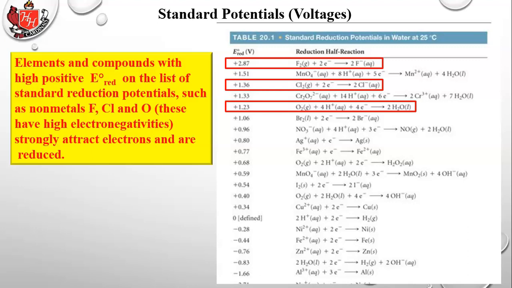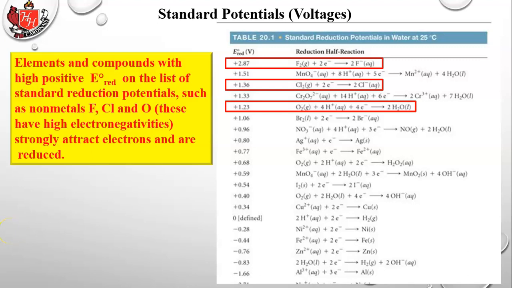So they're going to be reduced, meaning they're going to gain electrons. They have positive signs for reduction because they are positive when it comes to reduction. That means that's naturally going to happen. When the standard energy of reduction or oxidation is a positive number, that means that is going to happen naturally.